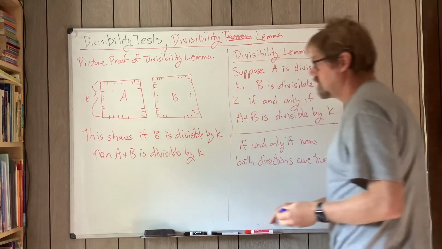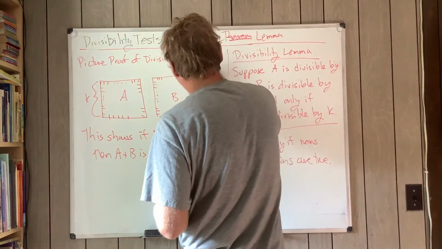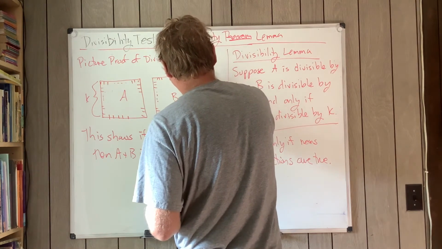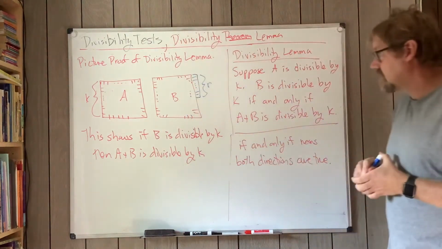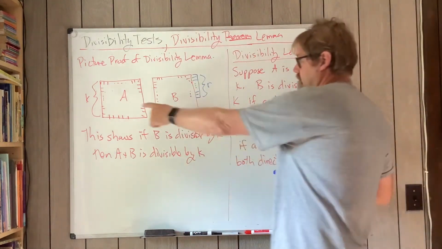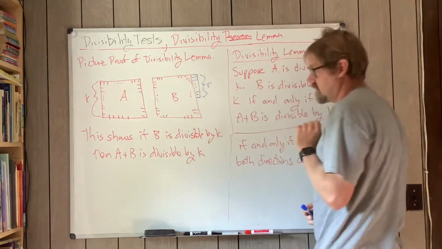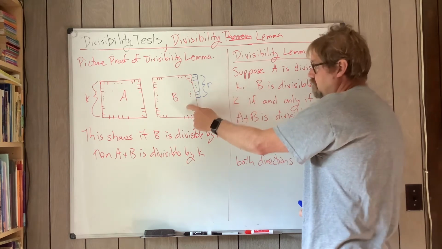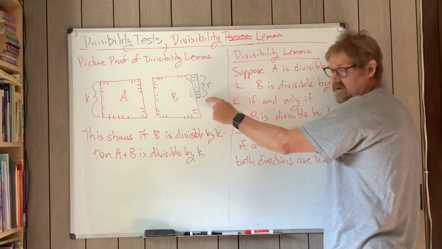Okay, now this also shows, let me just put on a little extra here. Remember A, it says A is divisible by K, so this picture doesn't change. Over here, B is not going to be divisible by K, because there's going to be a little bit of extra stuff.